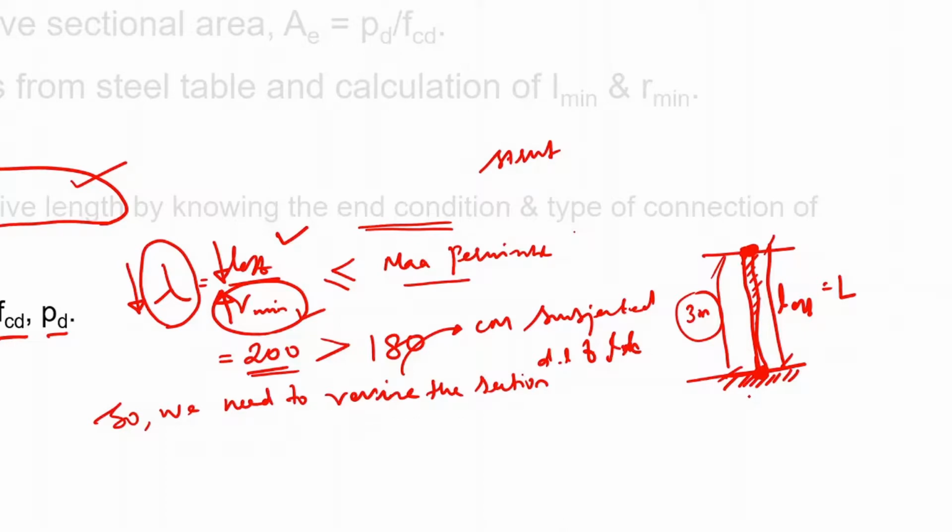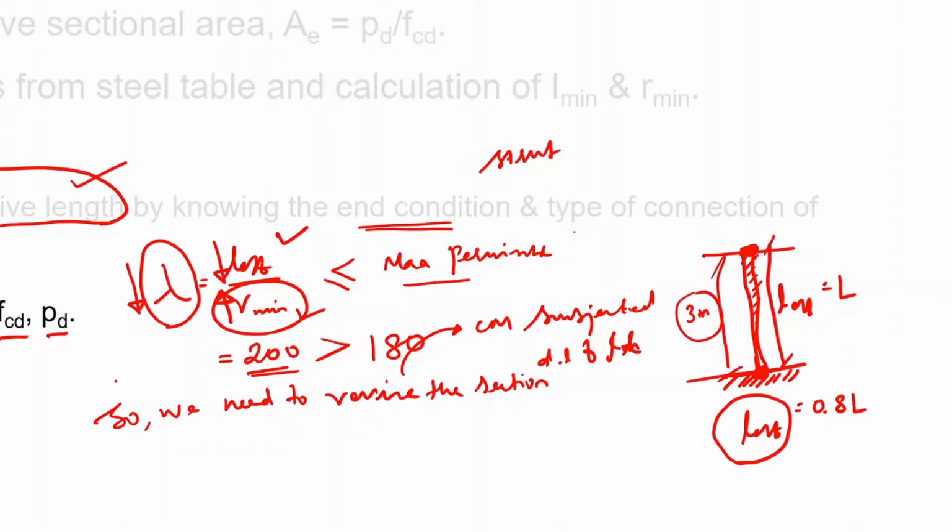If you change the end condition of the column like this, then the effective length is 0.8 times the total length. So that means now you have decreased the effective length, so the slenderness ratio comes down. So there are so many ways to make this slenderness ratio within the permissible limit.